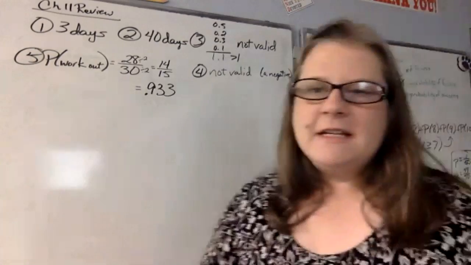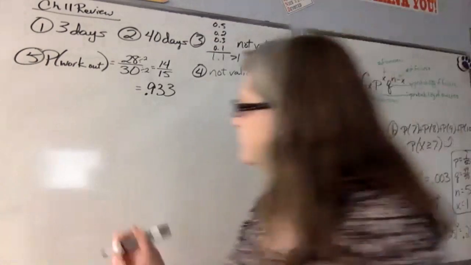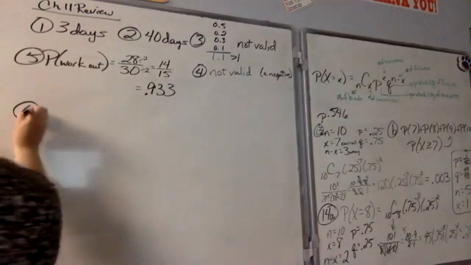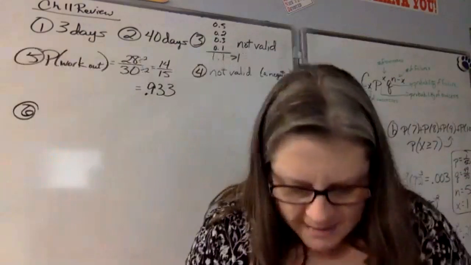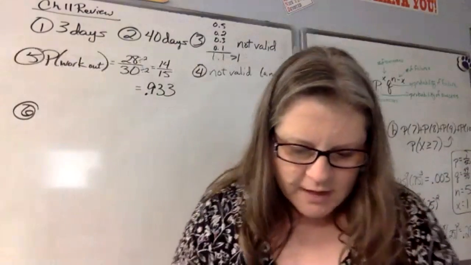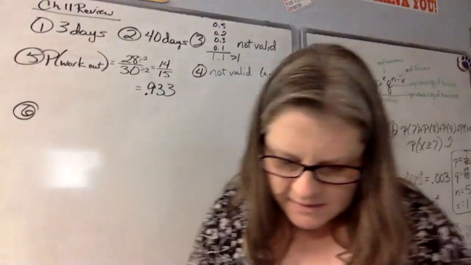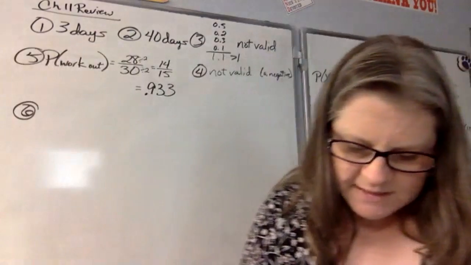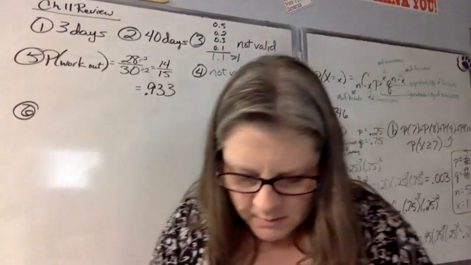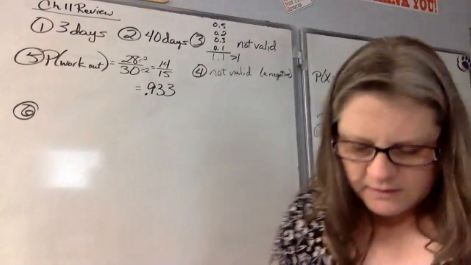Okay. Number 6. What about Amber now? Amber has studied for her classes for 30 minutes, 5 out of the past 14 days. What is the probability that she will study for 30 minutes on the given day?